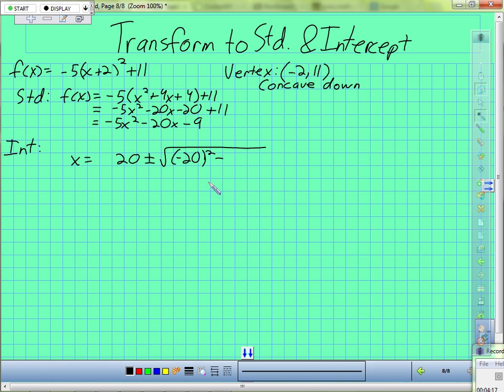You might be able to just plug it in. Use the quadratic formula to go from standard to intercept. Always? No. There are other ways to do it. This is just one method, and this is the method that I think is the easiest.